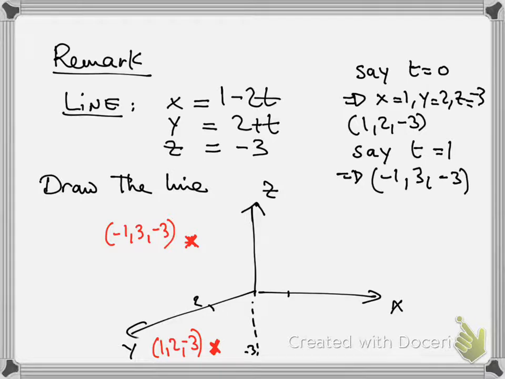For example here, this -1, 3, -3, that's when t is 1. And 1, 2, -3, this is when t is equal to 0. And so the line, of course, passes through these 2 points. So that would be my line L.